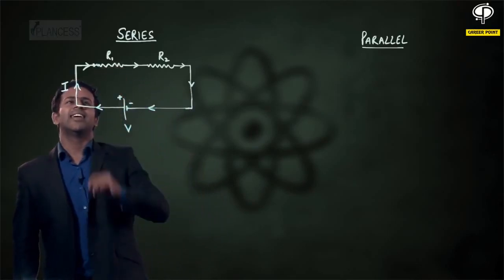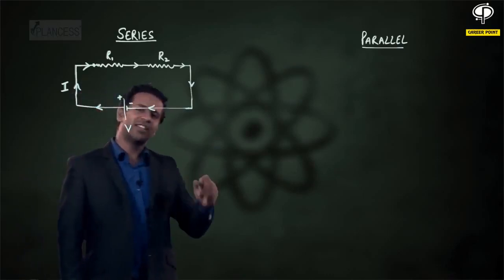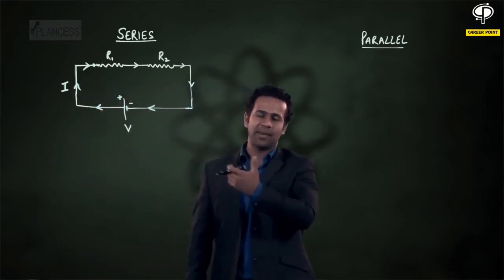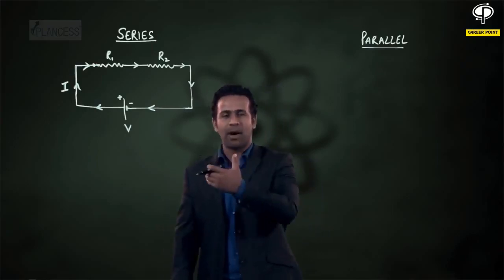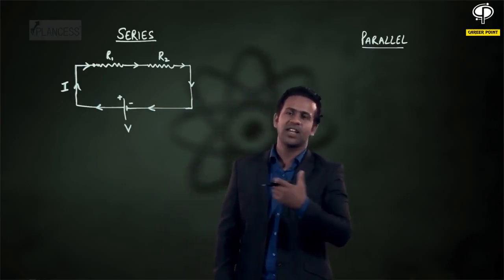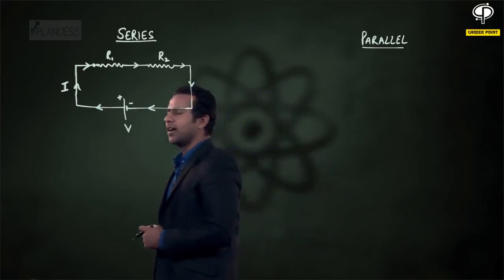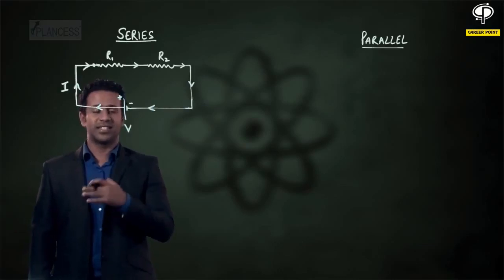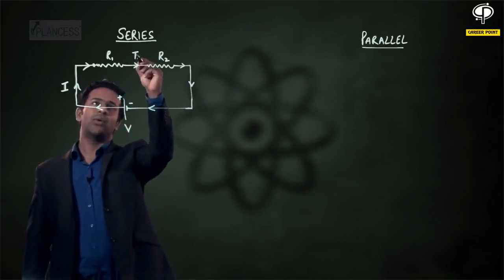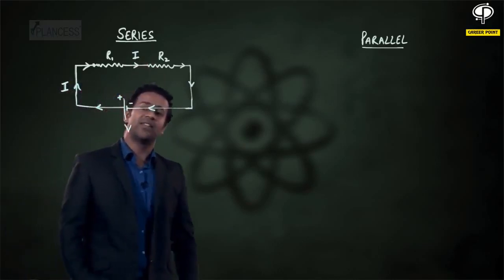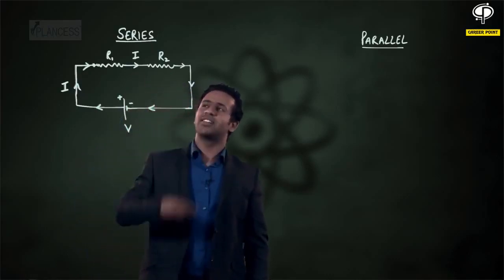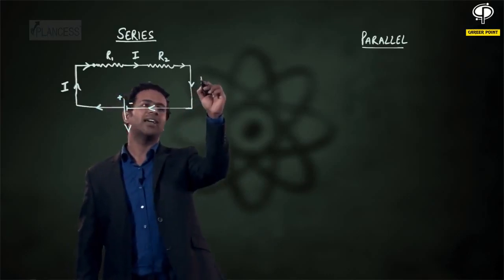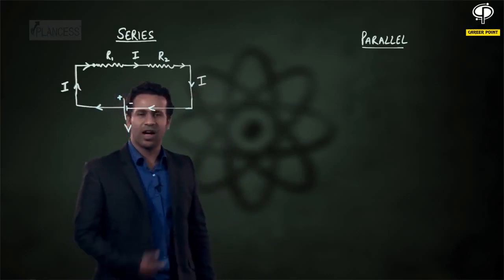If this resistor is thought of as a single entity, then the amount of current that is coming in should be equal to the amount of current that leaves this resistor. Right. So I amount of current flows into this resistor and the same amount flows out of this resistor. Then that current enters the resistance R2 and the same amount I leaves the resistance R2.